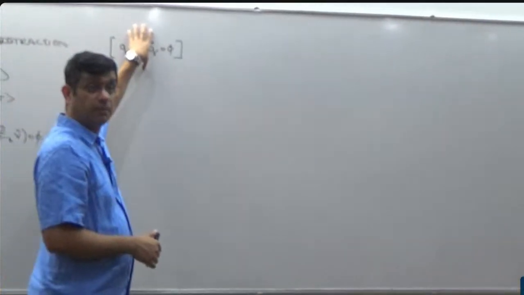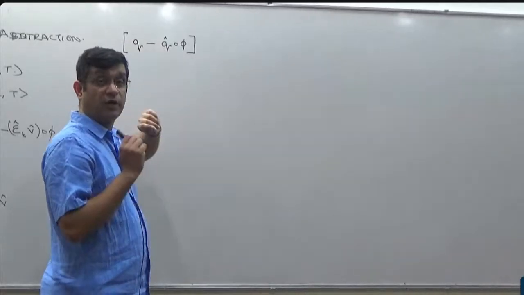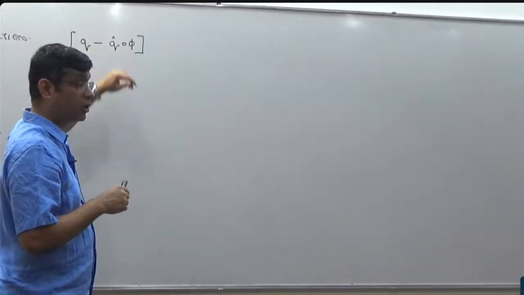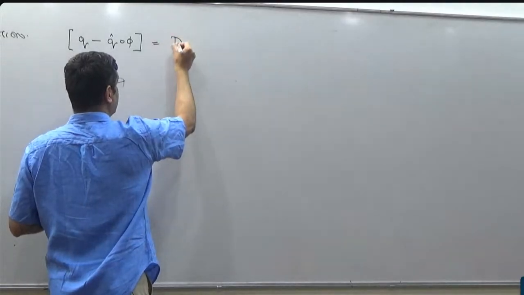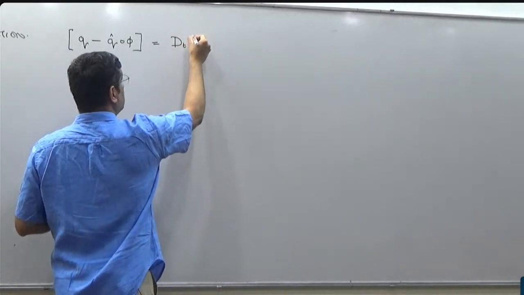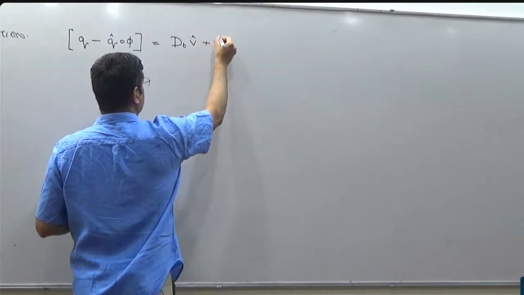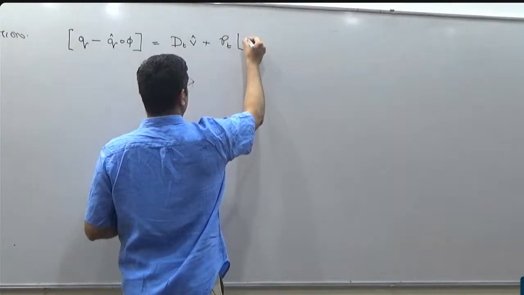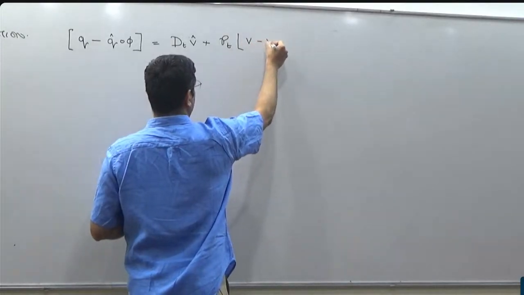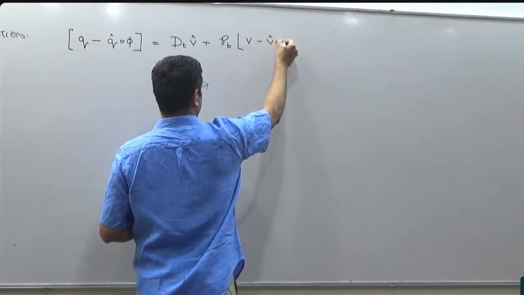Right now, I will not talk about the norm. Same as what we did earlier in this lecture, let us look at this without the norm. And with roughly the same analysis, this is going to be dt of this plus the p dynamics applied on V minus V hat composed with phi.